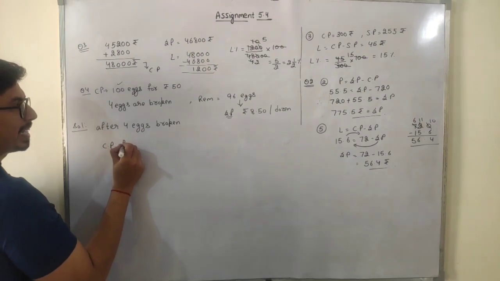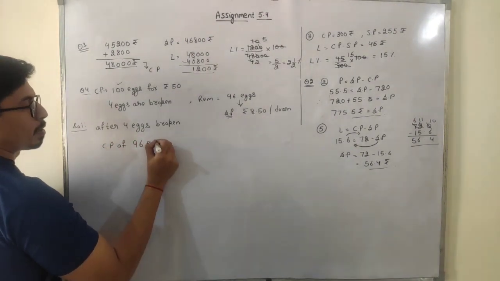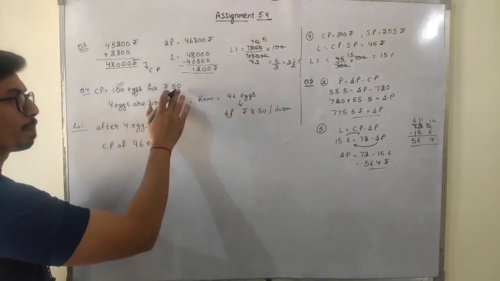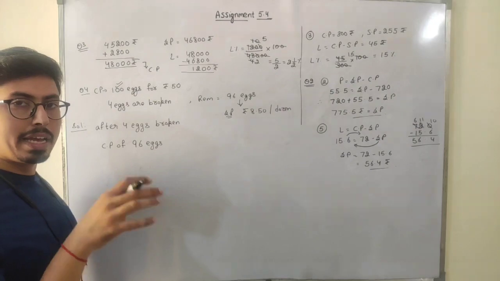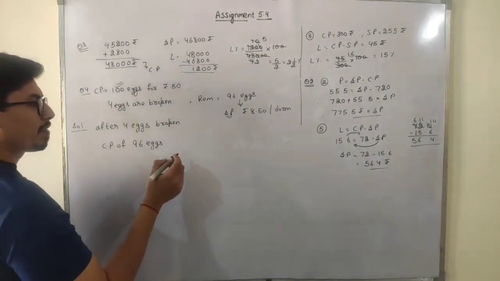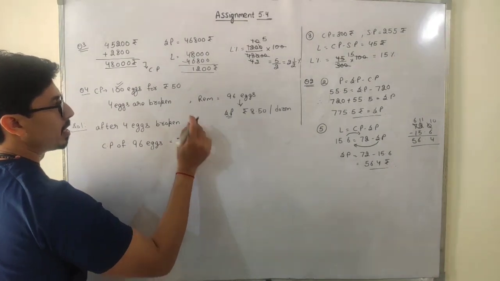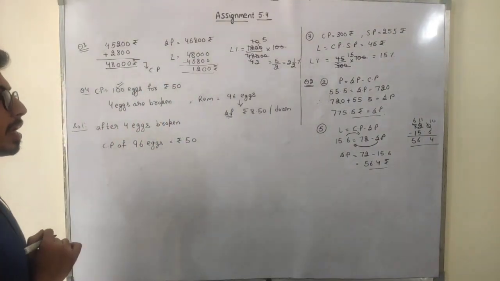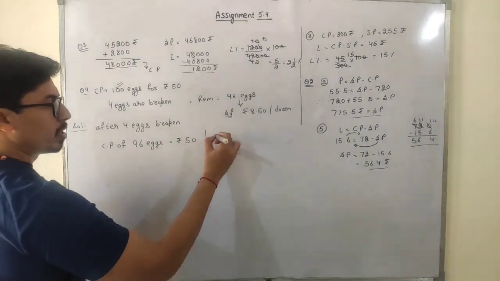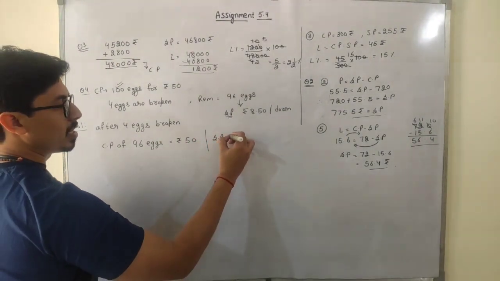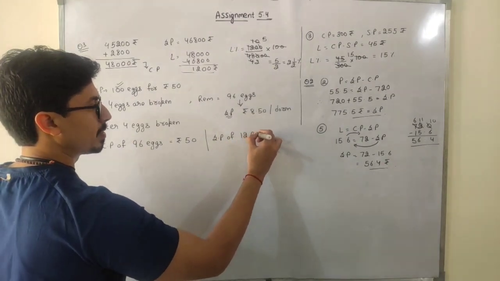cost price of 96 eggs, because he has bought 100 for rupees 50, but now 4 are broken, that means he can only able to sell 96. So cost price of 96 eggs is equal to rupees 50. The same cost. Okay. So cost price of 96 is this. Now students, his selling price of 1 dozen means 12 eggs.